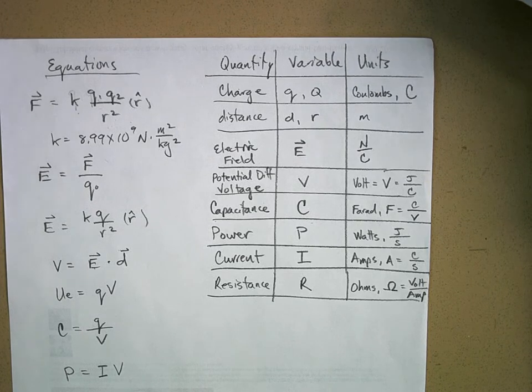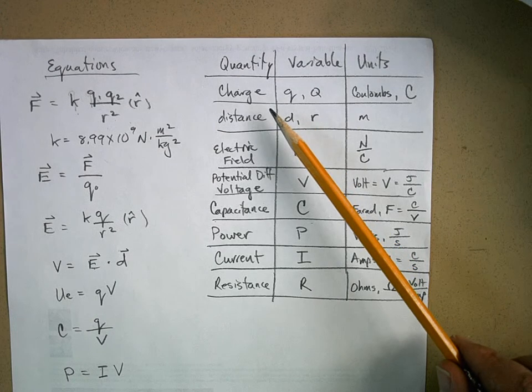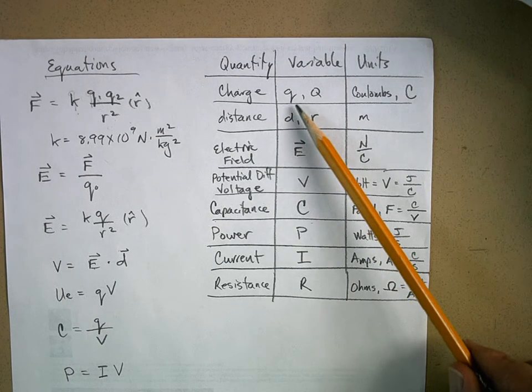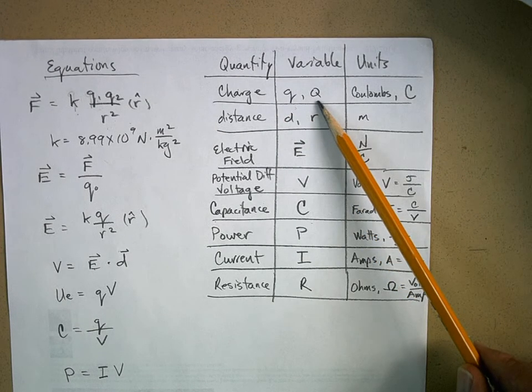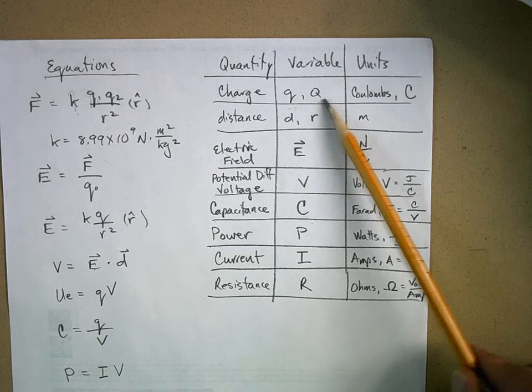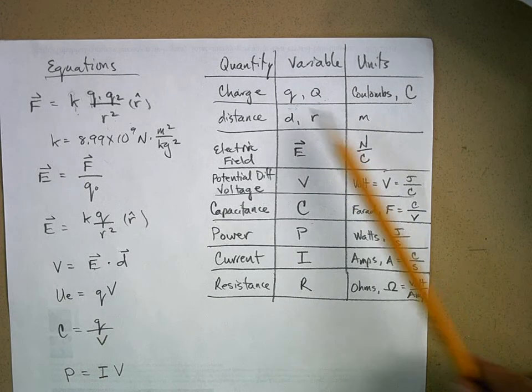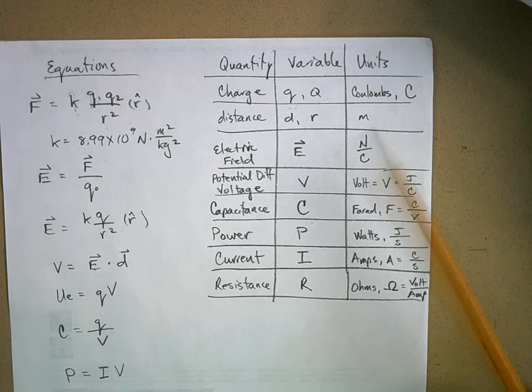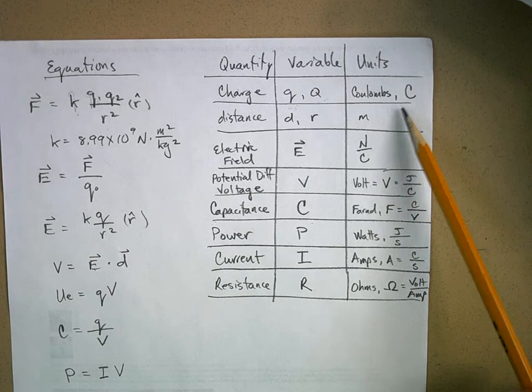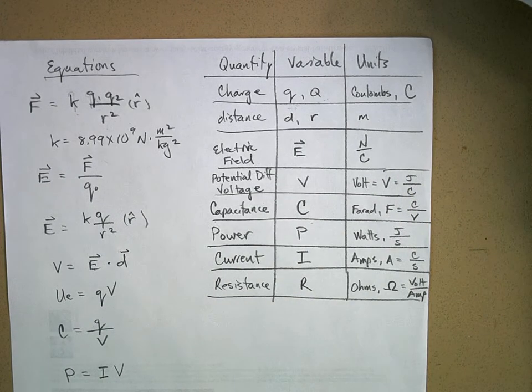And I'll draw a picture for you, and you have to answer a bunch of questions about it. So charge, sometimes we use lowercase q, sometimes we use uppercase Q for charge. Usually lowercase. Charge is measured in coulombs, and a big coulomb is a lot of charge.